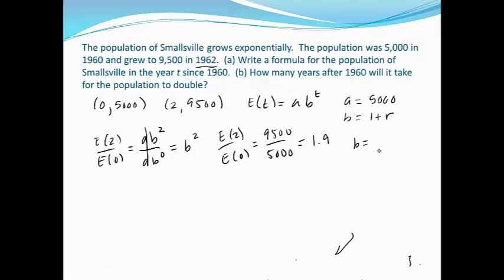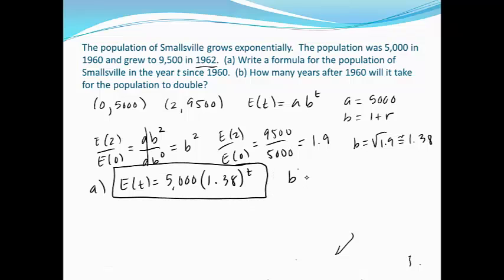So then b is the square root of 1.9, or approximately 1.38. So for part A, our formula, E of t, is our initial value 5,000 times our growth factor 1.38 to the t.